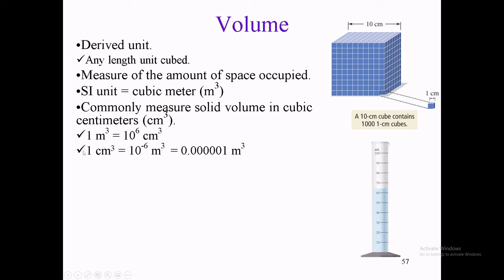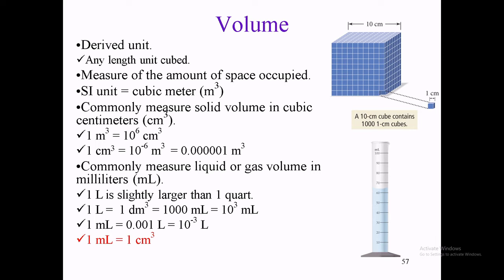So 1 cubic meter is 10 to the 6th cubic centimeters. That means that 1 cubic centimeter is 10 to the negative 6 cubic meters, or 0.000001 cubic meters. So you see that it's pretty small. It's a small little chunk. If we imagine taking this out, this is a cubic centimeter out of a cubic meter. It's a tiny chunk of it.